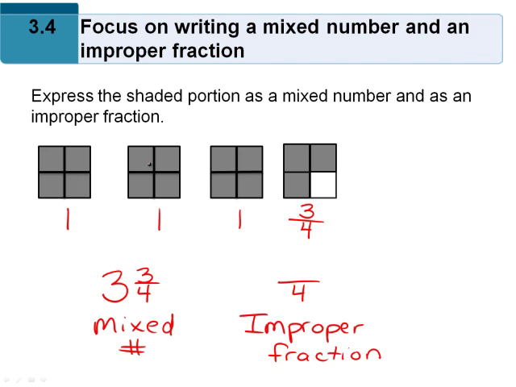And then you go to the next one and you keep counting. 5, 6, 7, 8, 9, 10, 11, 12, 13, 14, 15. And so you have 15 over 4. And all I did was count each individual little square that was shaded. If you count all the shaded little squares, you get 15. So that's another way that you can get the improper fraction from the picture.